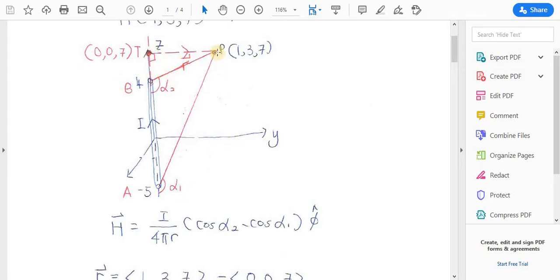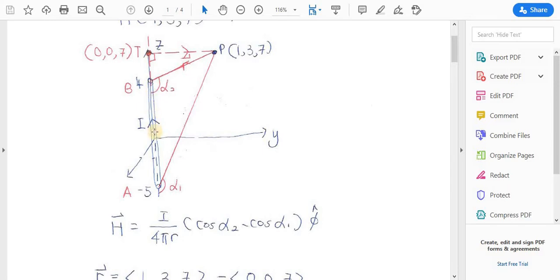So this is your observation point. In order to find the magnitude of R, first you need to define vector R. So this is vector R. Vector R is a straight line that touches the observation point and also the axis that contains the current filament.